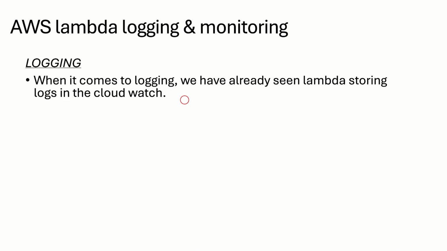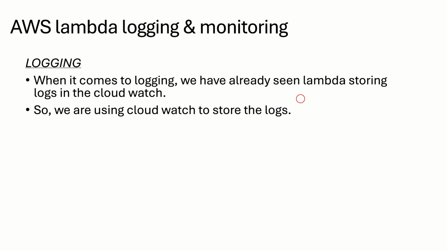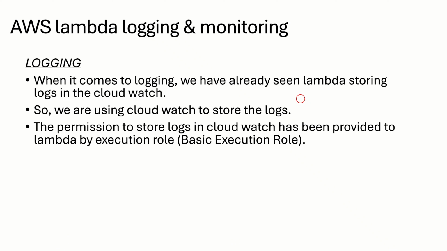When it comes to logging, we have already seen Lambda storing logs in CloudWatch. So we are using CloudWatch to store our logs. And the permission to store logs in CloudWatch has been provided to Lambda by the execution role.